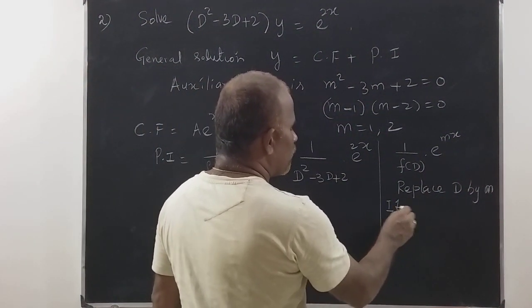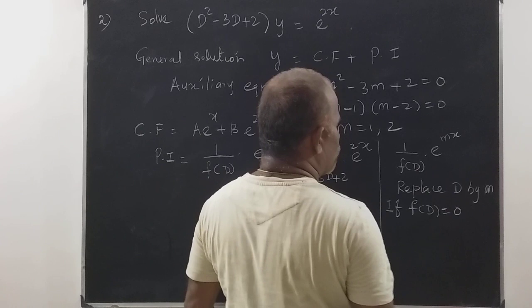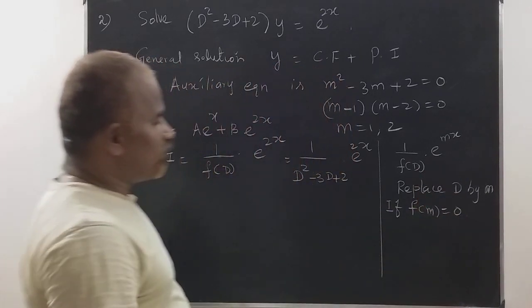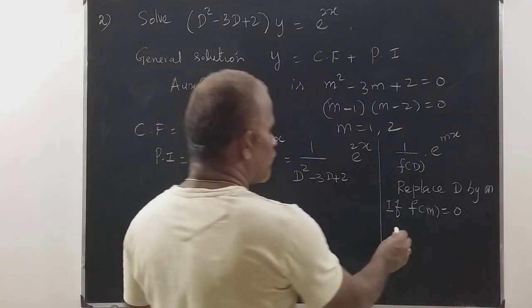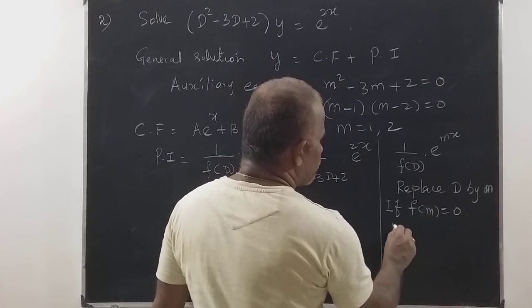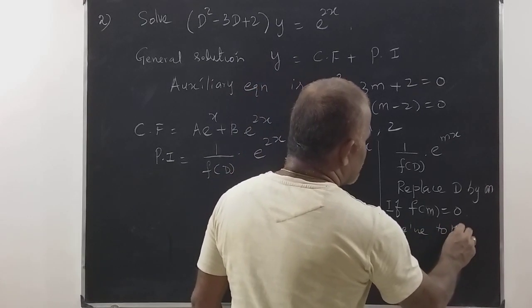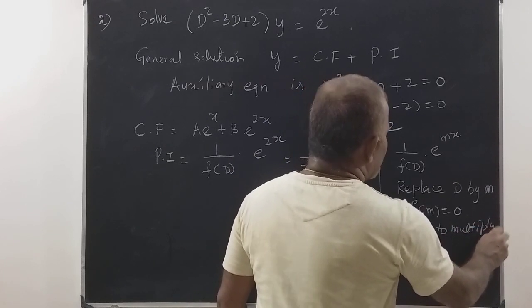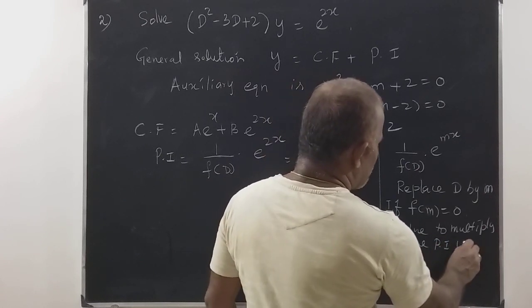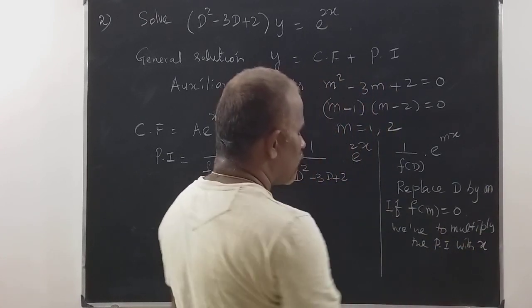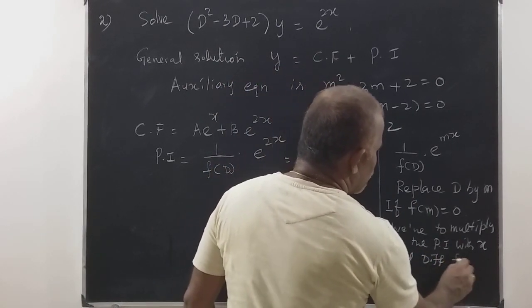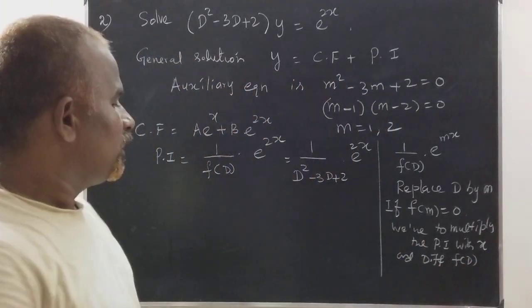If f of m is equal to 0, we have to multiply the particular integral with x and differentiate f of D. Again apply the same rule.